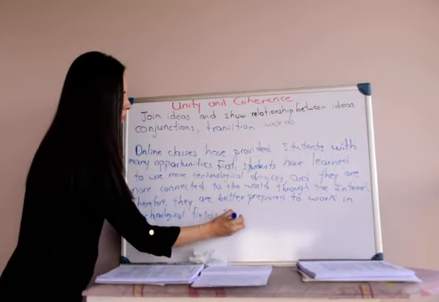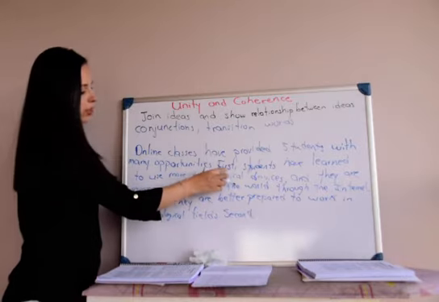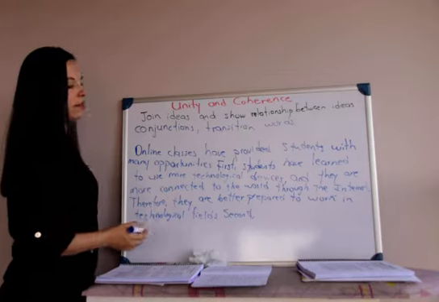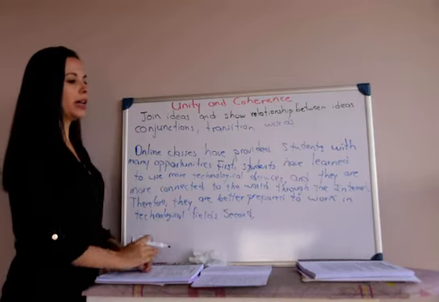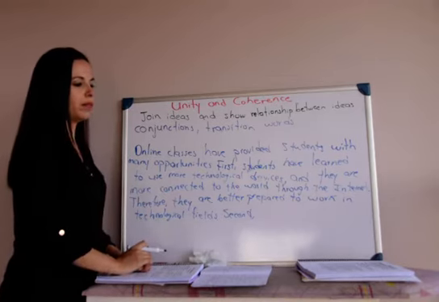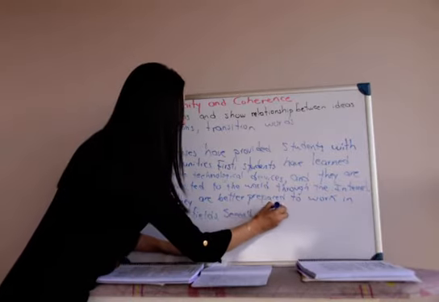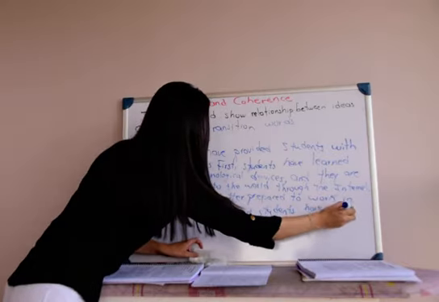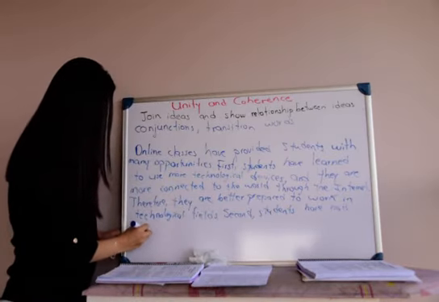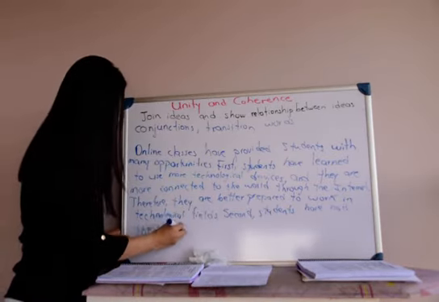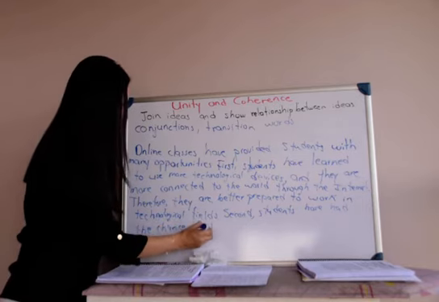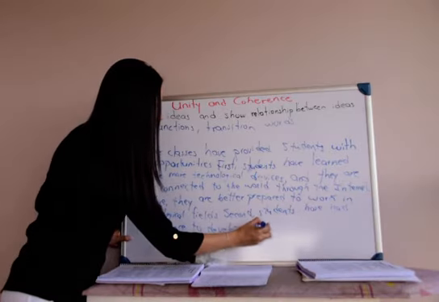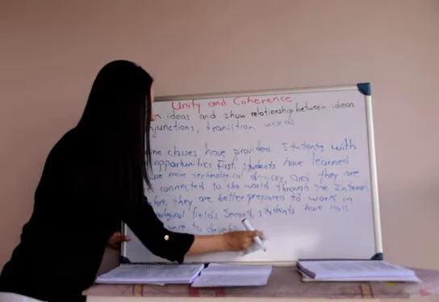Second, okay, we have here first. Now we're moving on to the second idea. What other opportunity have students had? Okay, second, students have had the chance to develop teamwork skills.